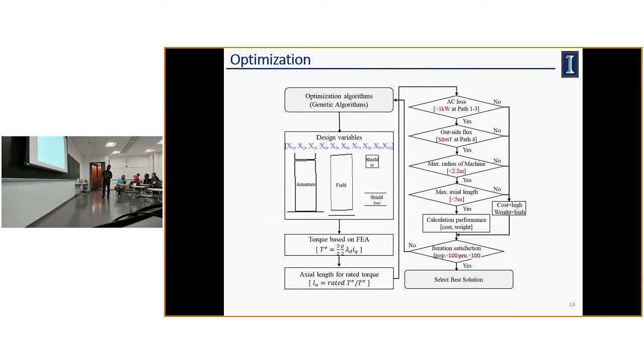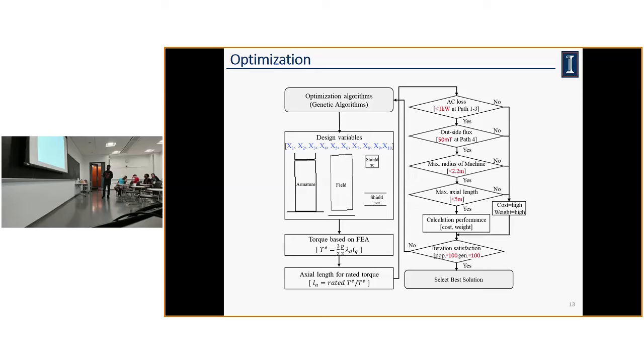So how do we design? The genetic algorithm first generates the initial population, and we go ahead and design the machine in Flux software. Then we do electromagnetic analysis and bring out the torque and the axial length, and feed that into an analytical model to evaluate AC losses.